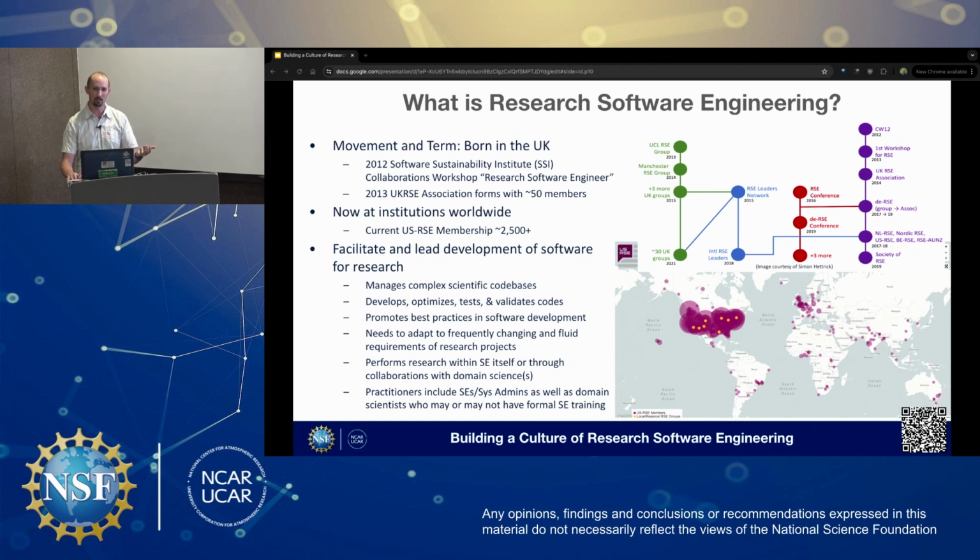How do we make our lives easier as RSEs supporting scientists' work, as well as how can scientists do their work better with improved software engineering practices? The main difference between RSE issues versus standard software engineering is the need to adapt to often frequently changing and fluid requirements of research projects.